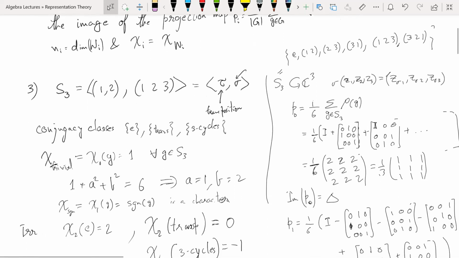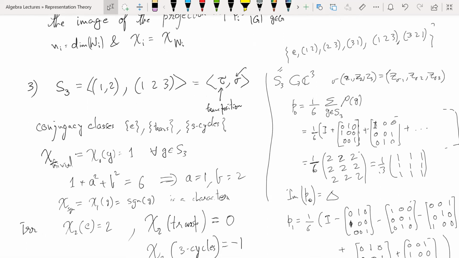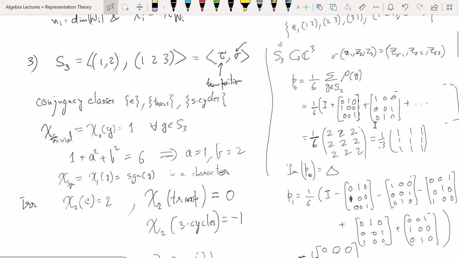And we computed all its irreducible characters. One is the trivial character, one is the sign character, which is also one-dimensional, and the character is basically the sign function on S3. And the third is the two-dimensional character, which we computed using those formulas.